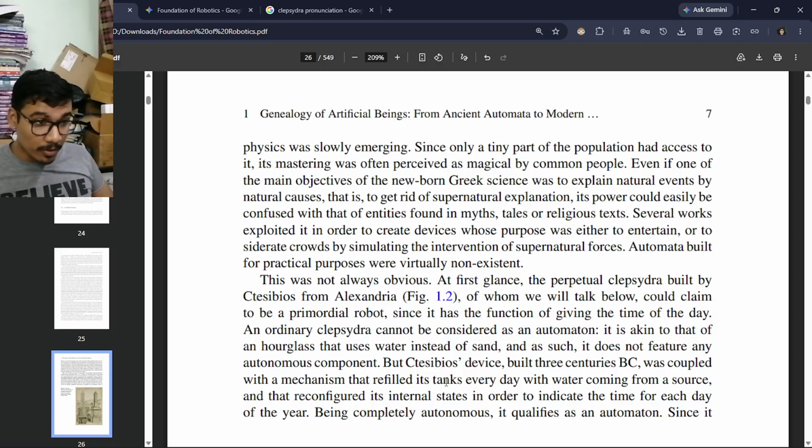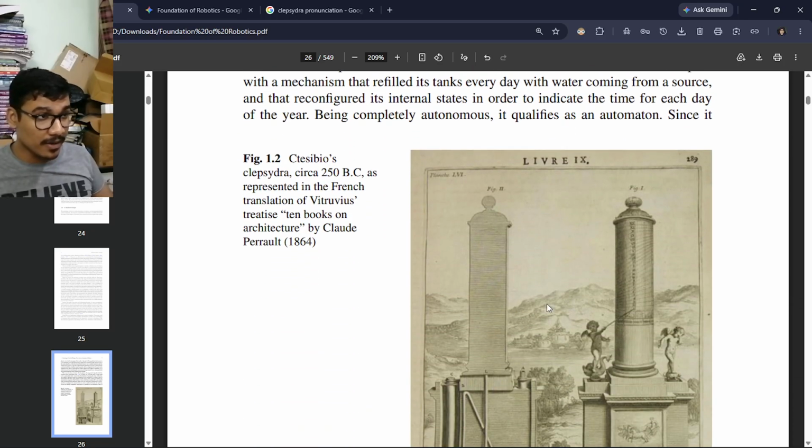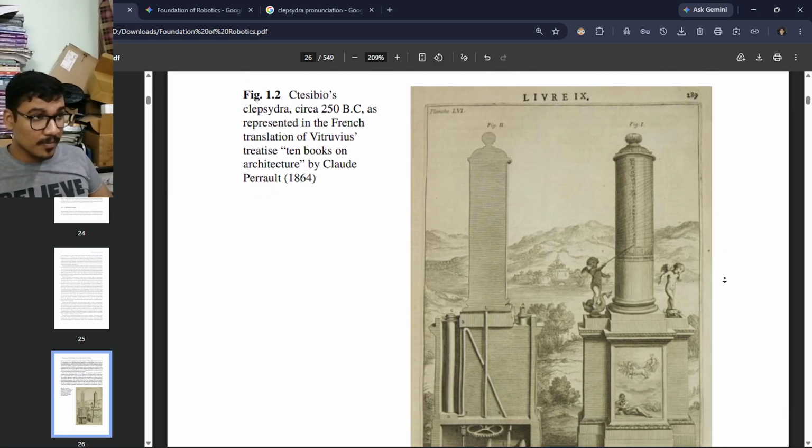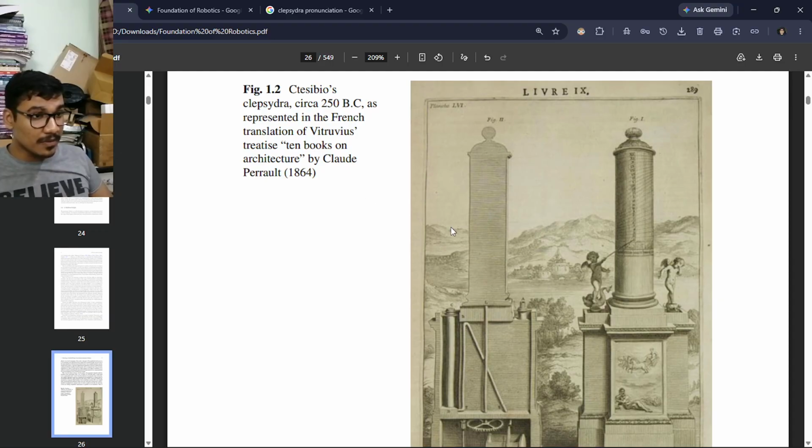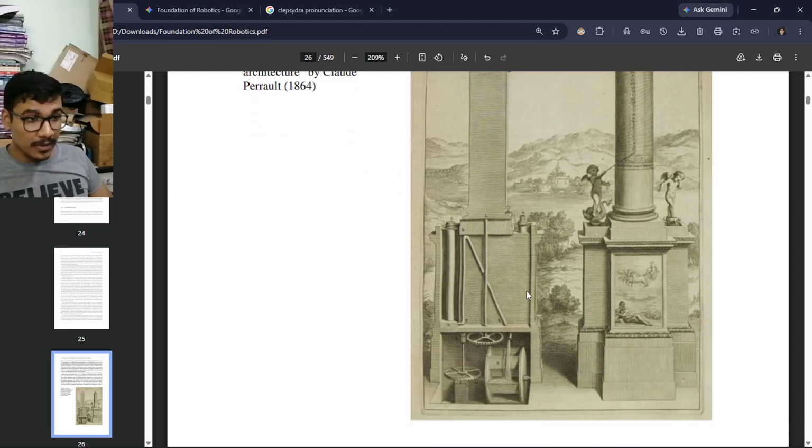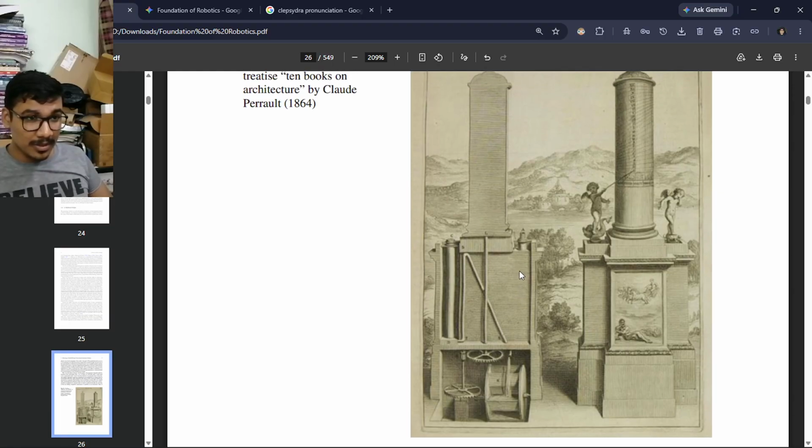Being completely autonomous, it qualifies as a definition of the autonomous. Okay, so this is the device that they're talking about. Oh my god, how big is that thing?